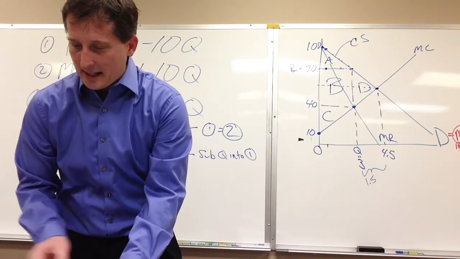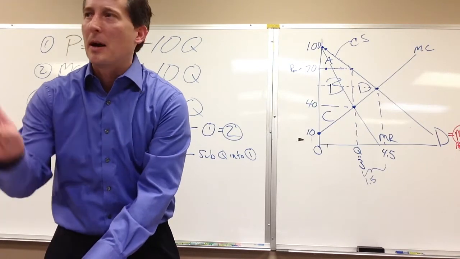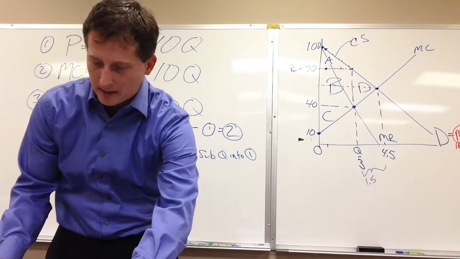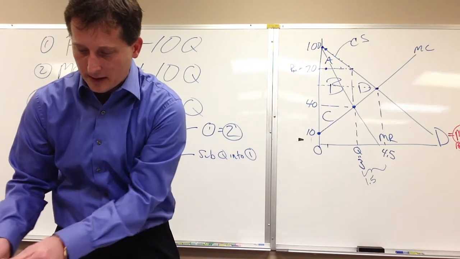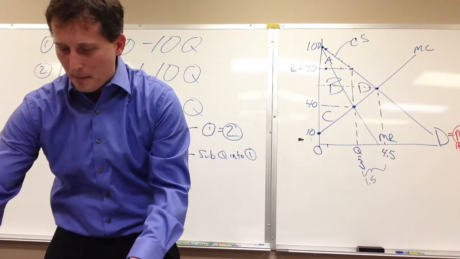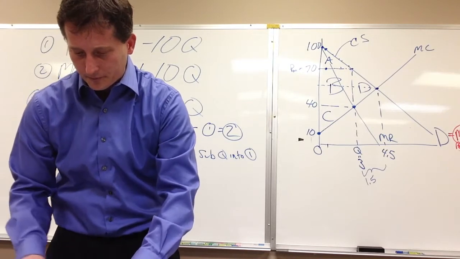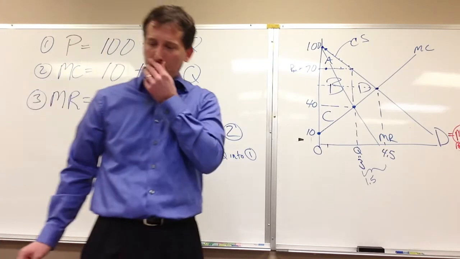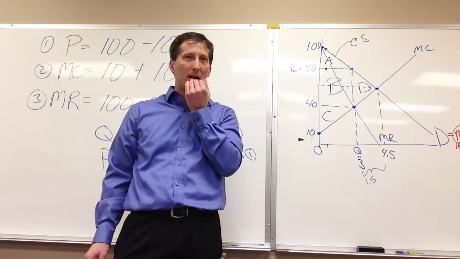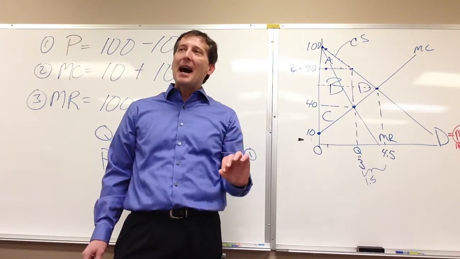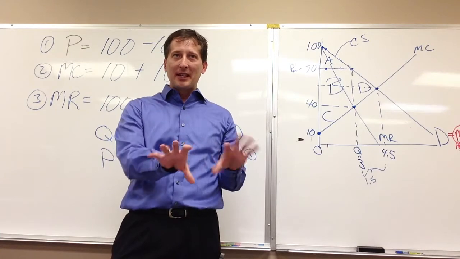So I kind of posed this problem. I didn't want to really jump into it right away, but I wanted to at least pose a problem as we work through some things. What's the idea of the markup? How much you're going to charge over cost? Okay, how much you're going to charge over cost. Now, that's not the way it's used here explicitly.